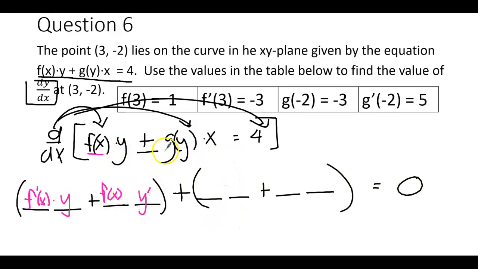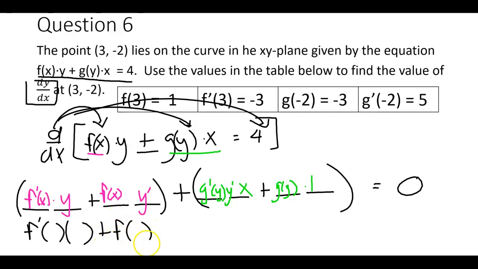All right, and then we're going to repeat that with this one here now. We're going to have g prime. Now that one has a y inside of it, so I'm going to put a y prime there. And then x, and then g of y times the derivative of x is just 1, so we'll put 1 there. All right, now we're ready to start plugging some stuff in there. So let's see. I'm going to leave blanks everywhere.